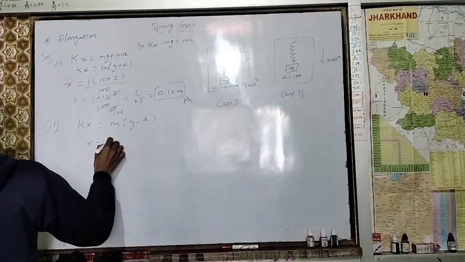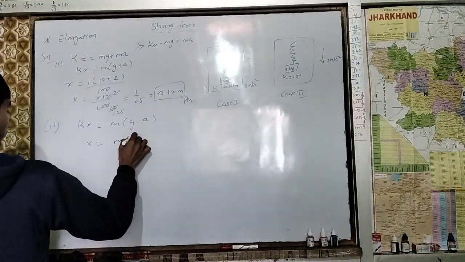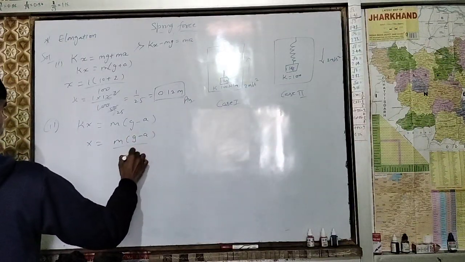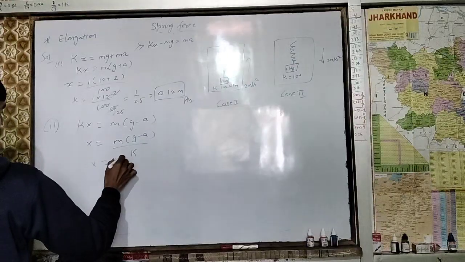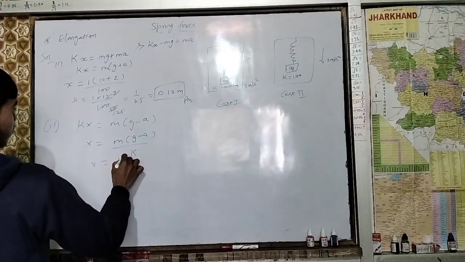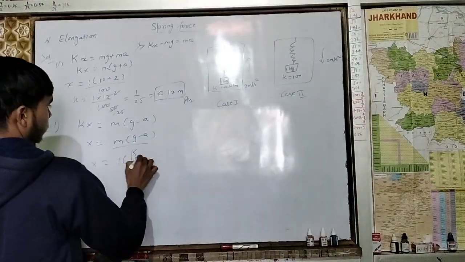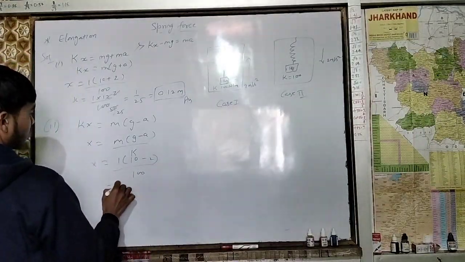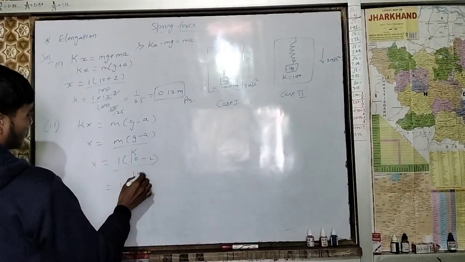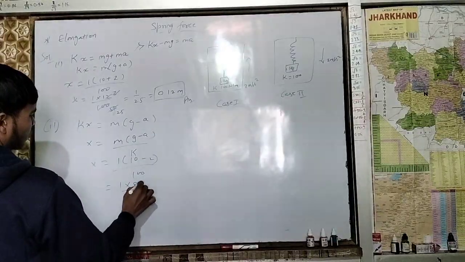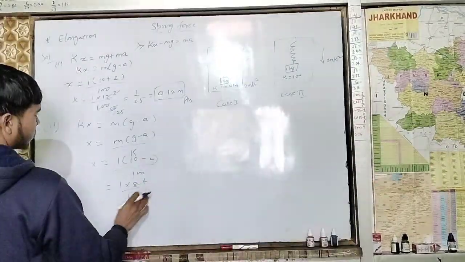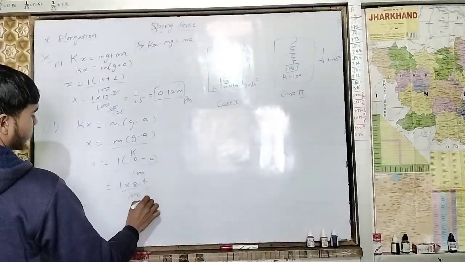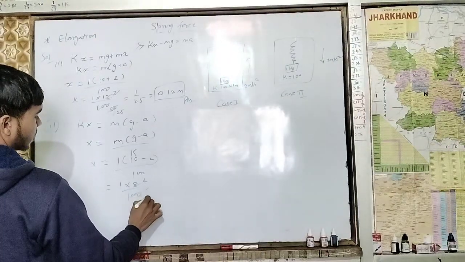So x will be equal to m times g minus a upon k. k is given, x is not given. m is 1, g is 10, a is 2, k is 100. 1 into 8 upon 100.